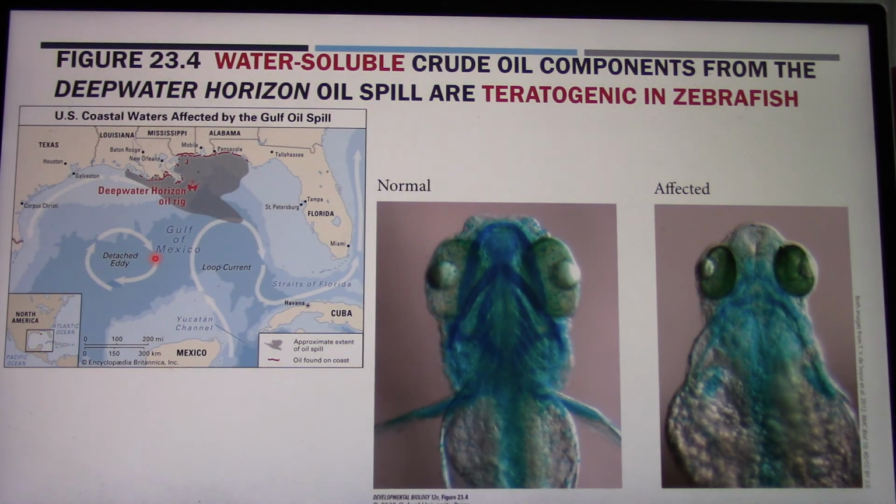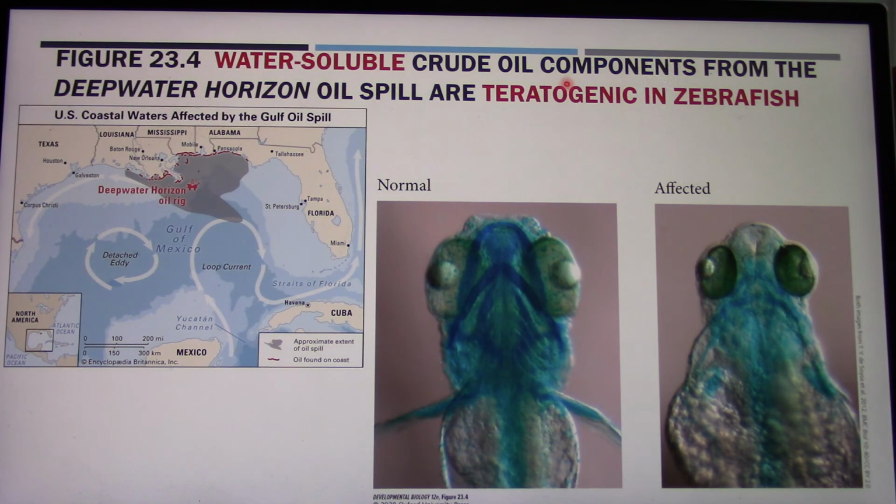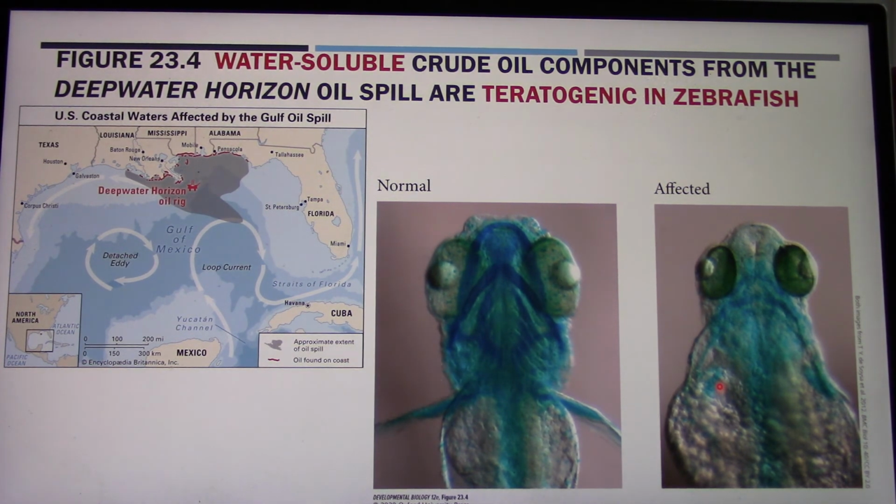This is what the water-soluble components of that crude oil did to zebrafish. So normal development is shown on the left, abnormal development is shown on the right. You can see that the head and thorax are definitely not formed correctly. It's affecting neural crest cell migration, and so we've got malformed cranium.